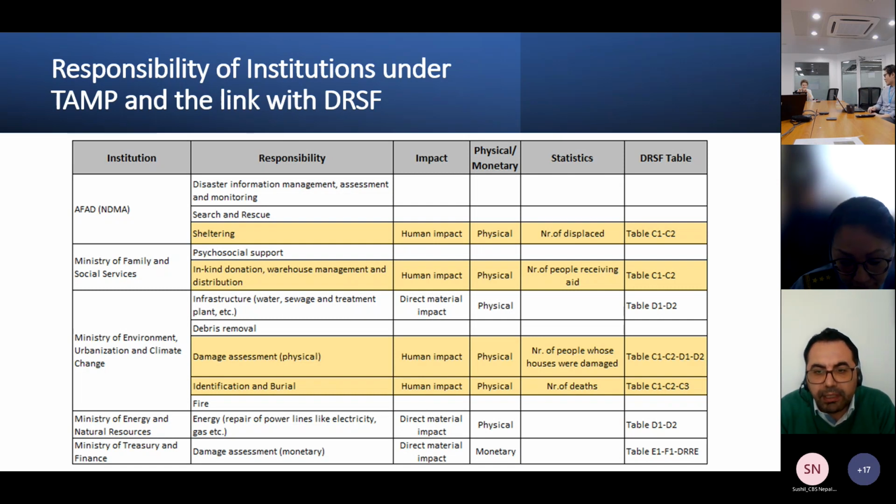So I think we can produce the number of people whose houses or dwellings were damaged, statistics from these activities of the ministry in IDES. And it is also responsible for the coordination of the identification of the deaths and the burials. So we can also gather data for the number of deaths from these records of the ministry in the IDES system.